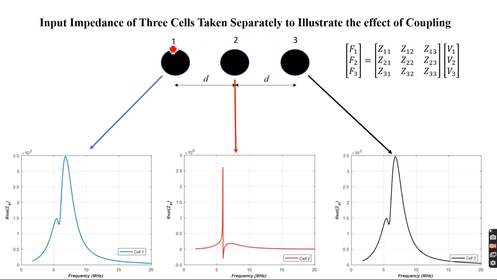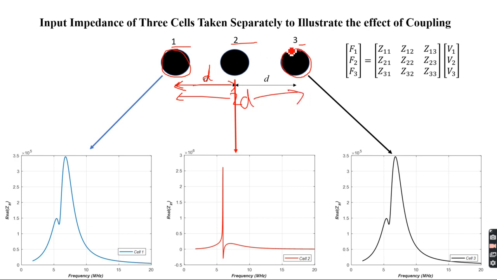Now we have 3 cells, 1, 2, 3. And if you look at the real part, what the first cell is going to experience will be the same as what the third cell is going to experience, because the first cell is going to have mutual crosstalk with the second cell, which is separated by distance d, and then it's going to be affected by the third cell, which is at a distance 2d.